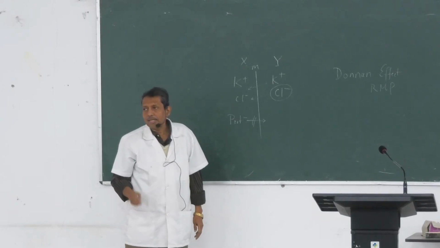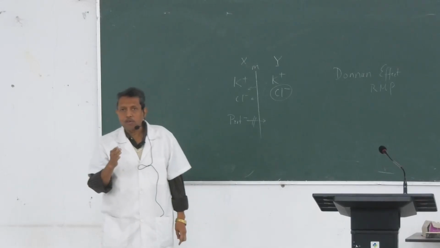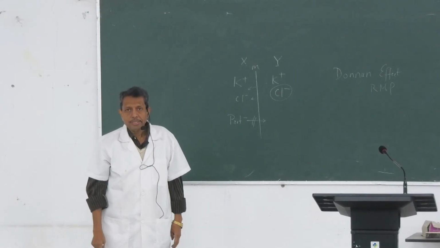And there an equilibrium will develop. It is called Donnan Equilibrium.